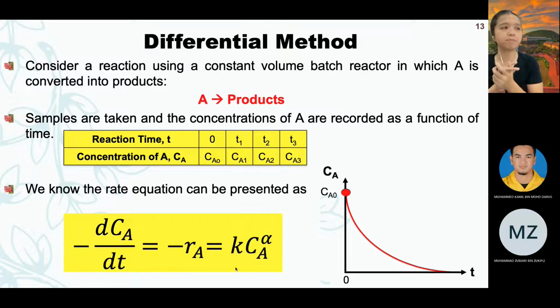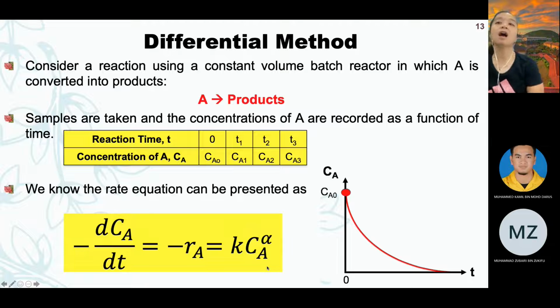Okay, so now you can see somehow kita dah dapat a correlation. Sebab kan tadi saya kata kita nak correlate experimental data, CA and time, and apa yang kita nak cari, K dan alpha. So you can see from this equation, kita dah ada correlation tu. Sebab kita tahu minus dCA per dt, CA dengan T adalah apa yang saya ada, adalah equals to KCA power of alpha.